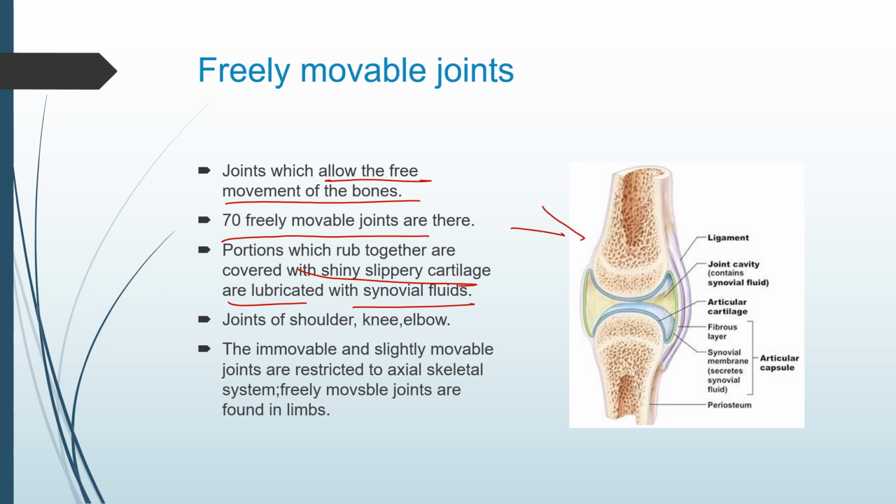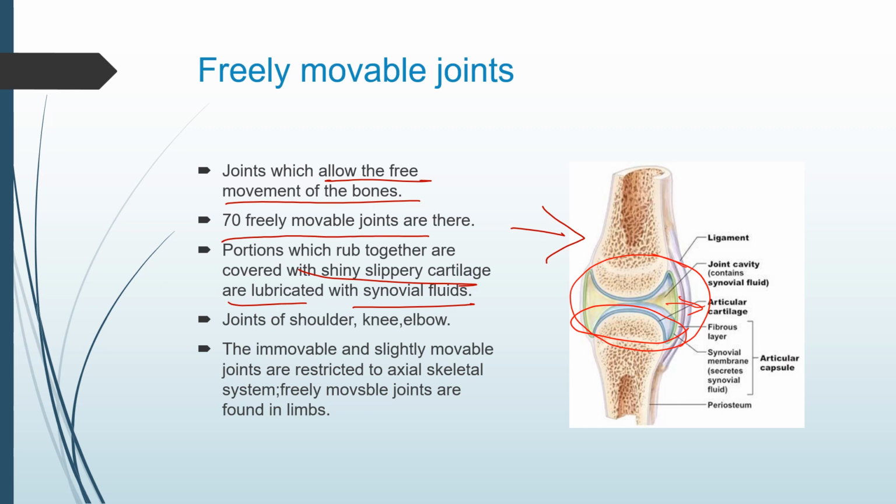Now let us refer to this diagram first. In this diagram, we are going to see a joint, and this is joined by an articular cartilage. There is a synovial membrane, and this part secretes synovial fluid. So this is a new term.